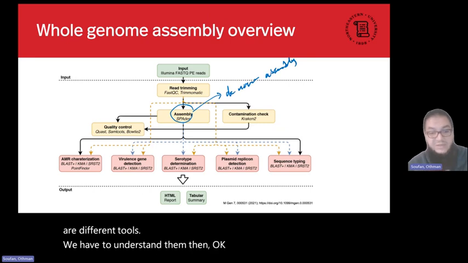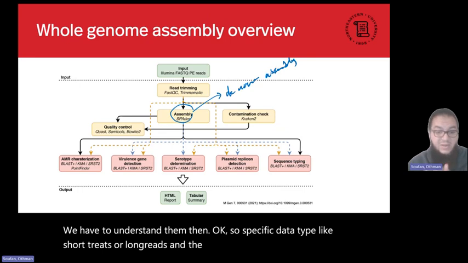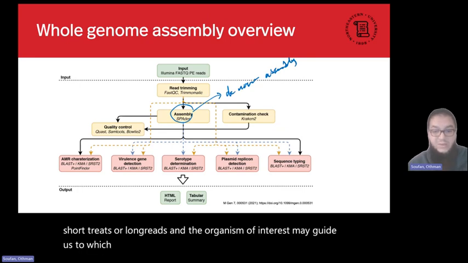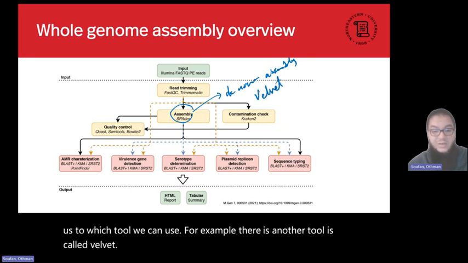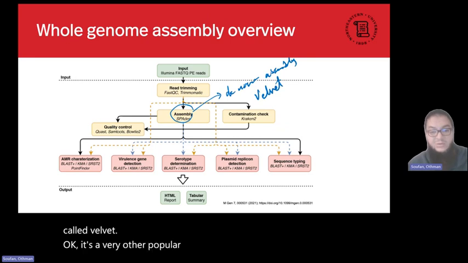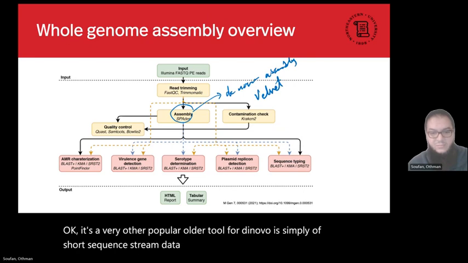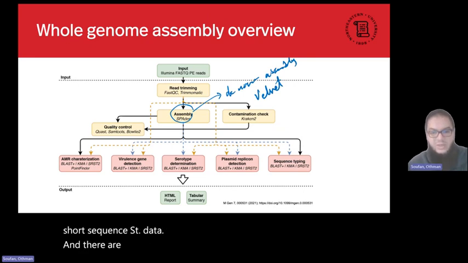Okay, so the specific data type, like short reads or long reads, and the organism of interest may guide us to which tool we can use. For example, there is another tool called Velvet. It is a very popular older tool for de novo assembly of short sequence read data. And there are many other tools. For example, there is SOAP.